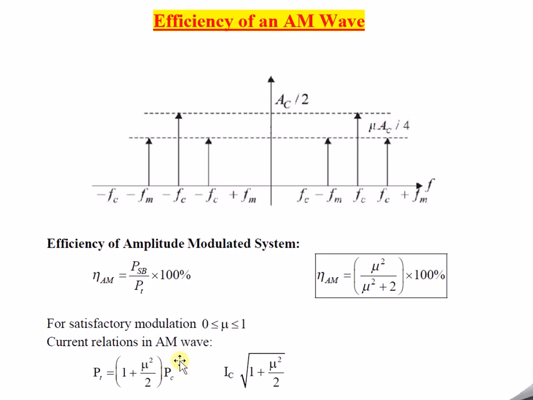Considering P equals VI, the basic relation, P is known and V is already known, so the only unknown is I. You can easily calculate it and get this equation for current relations in an AM wave. So this is all about the efficiency of an AM wave.